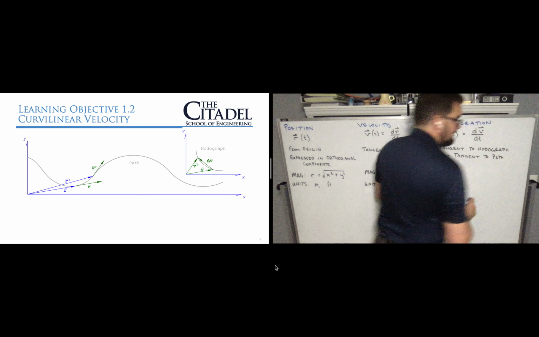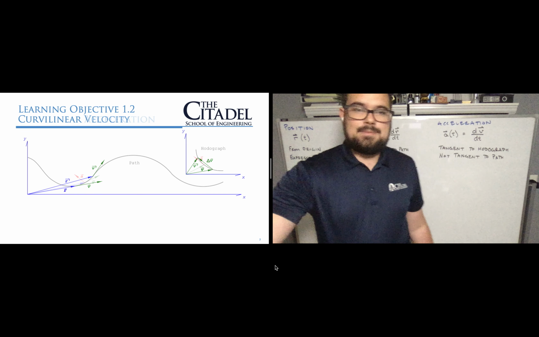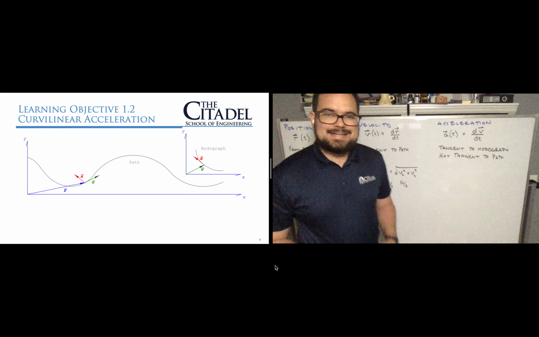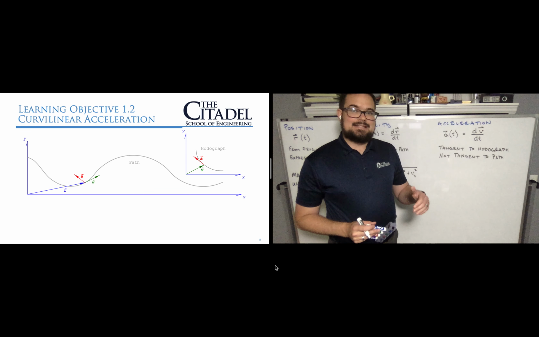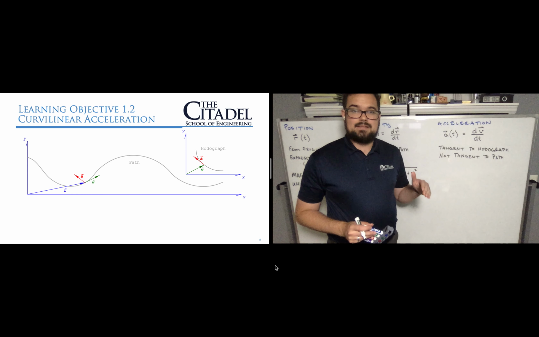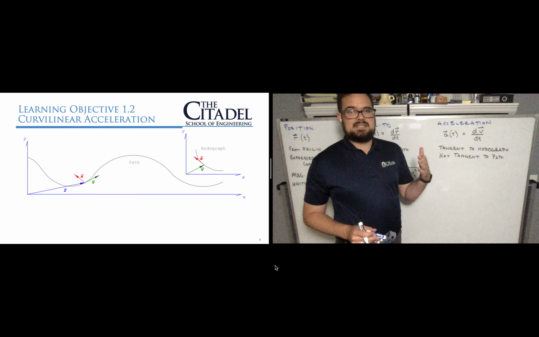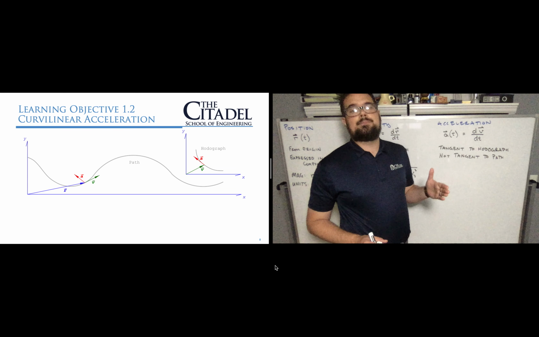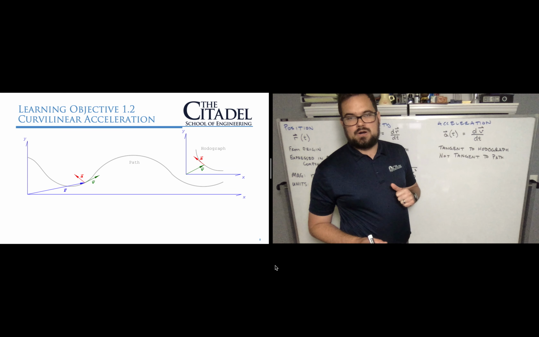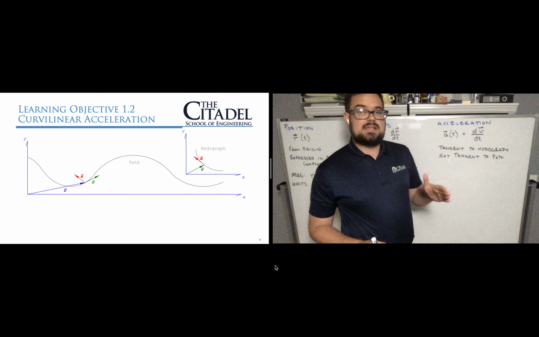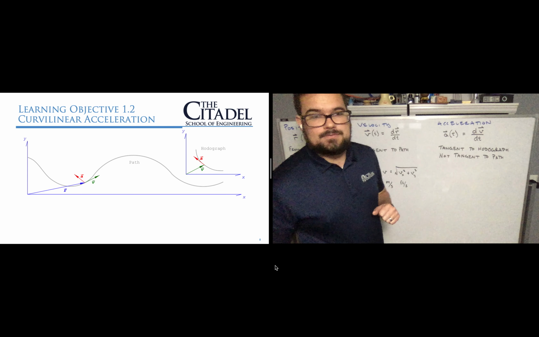And the reason it's not tangent to the path is typically what we'll end up with is an acceleration that is, part of it is along the path, and that's going to be changing the magnitude, so the speed. So if you press the accelerator, you can change how big the speed is, right, on your car. So that's the portion of the acceleration in the direction of the velocity.